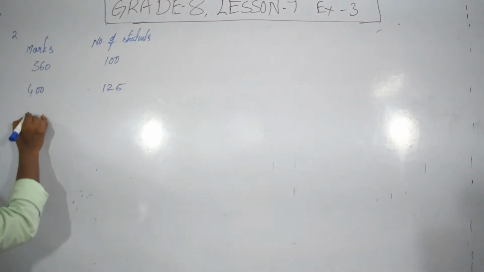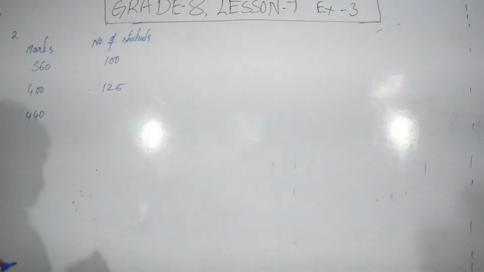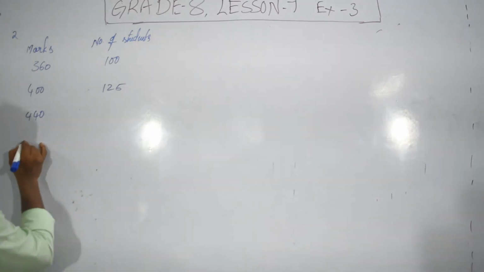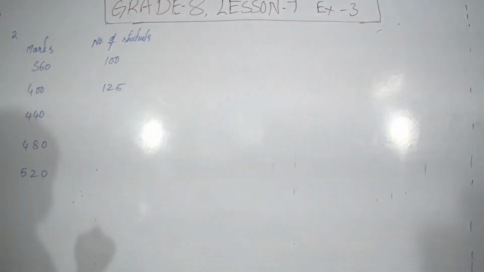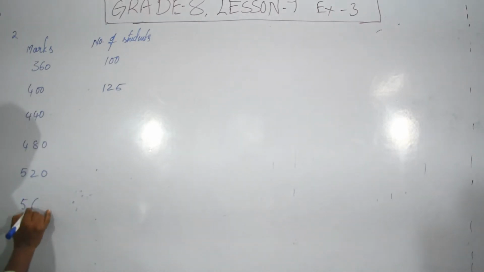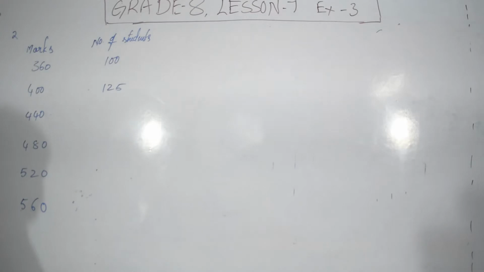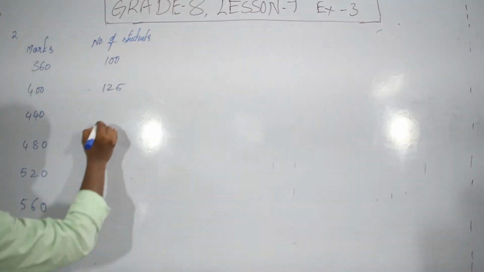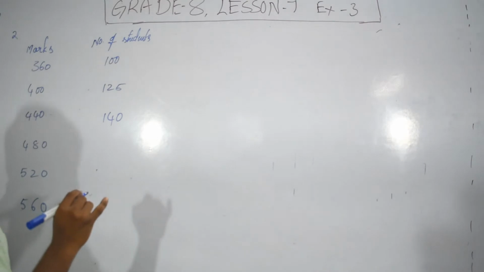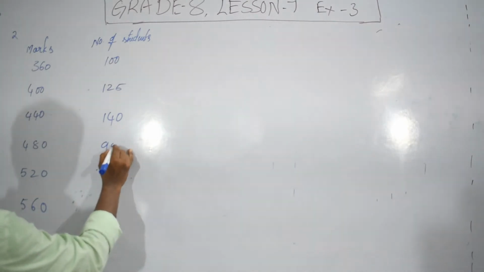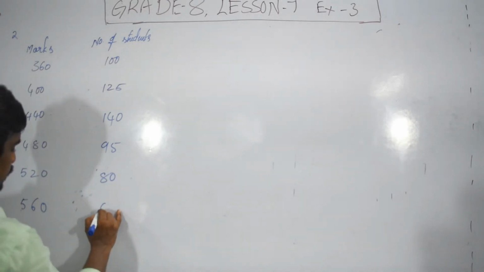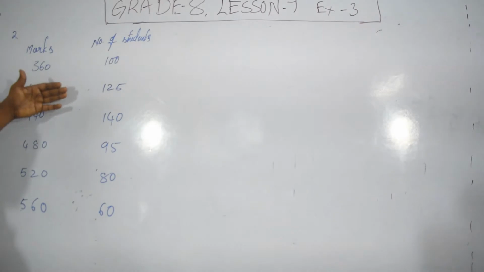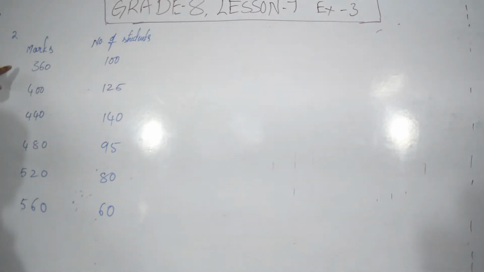Next 440, 480, 520, 560, with 140, 95, 80, 60. So the number of students is given and the marks are given.